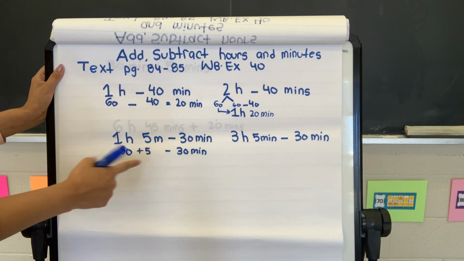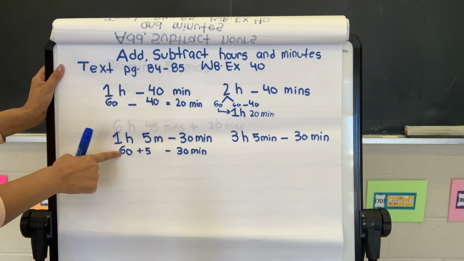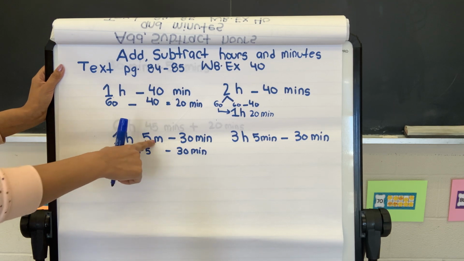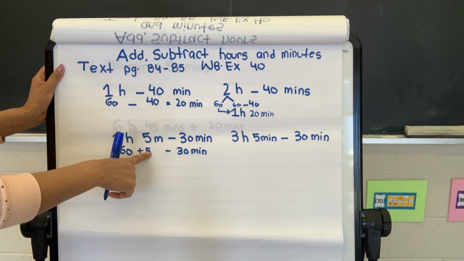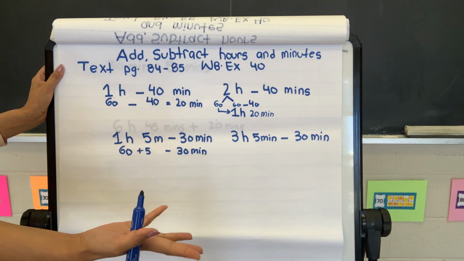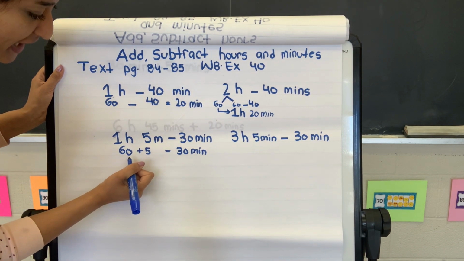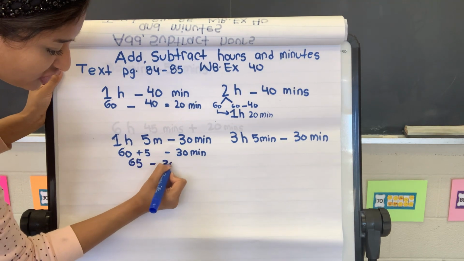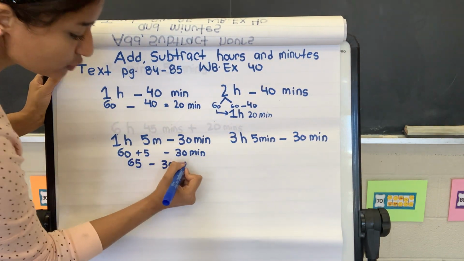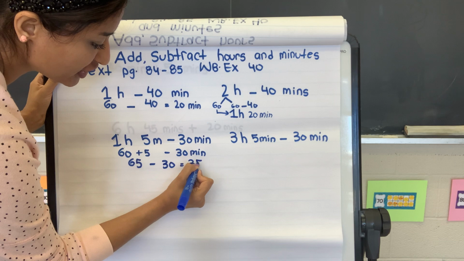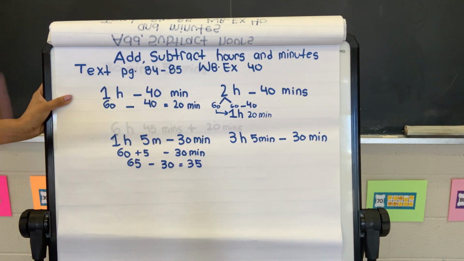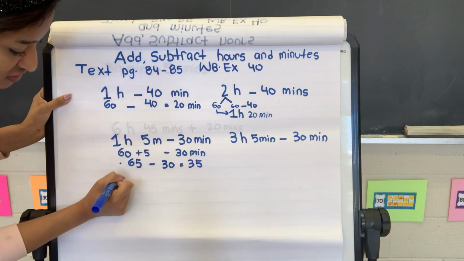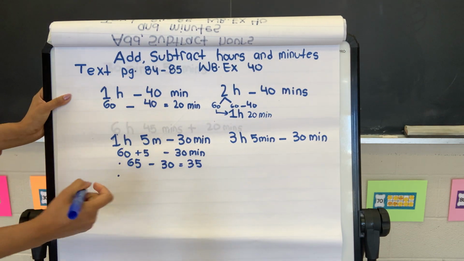Or you can do it this way. You can combine both these numbers, my hour and minute, so it would be 60 plus 5, which would be 65. And I can do 65, take away 30, and I would be left with 35.